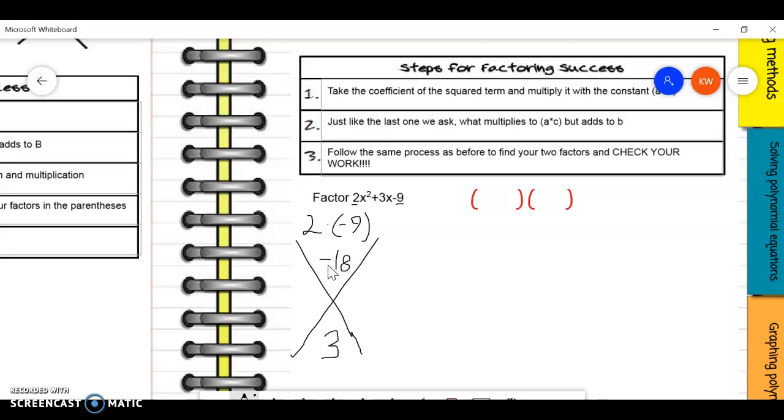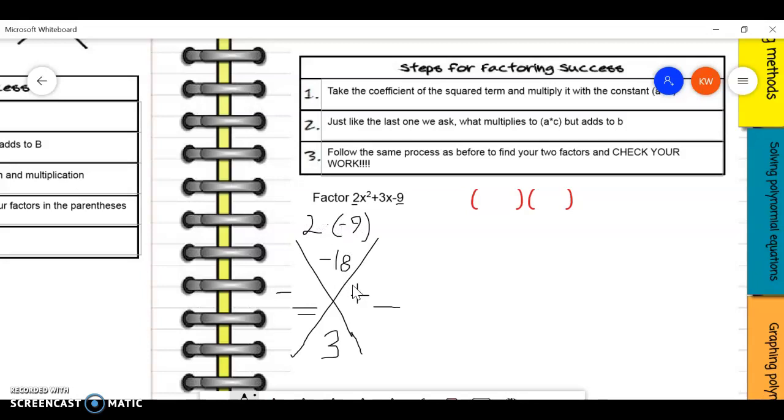Now, since we're multiplying to a negative number, this means one of them is positive and the other one is negative. So we got a negative number and a positive number. Now multiply to 18, but add up to this 3 here. One thing you can tell is if this middle term here is positive, that means that the bigger thing here is going to be positive, and the smaller one is going to be negative, okay? So there's a lot of things that work. We got 2 and 9, obviously, like we see here.